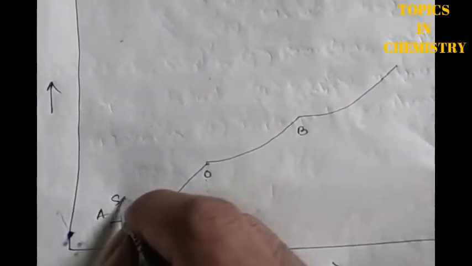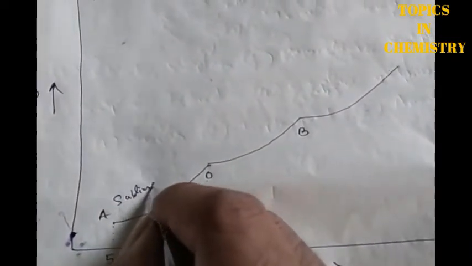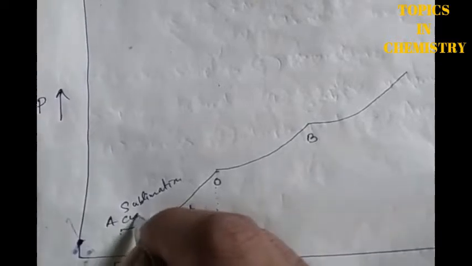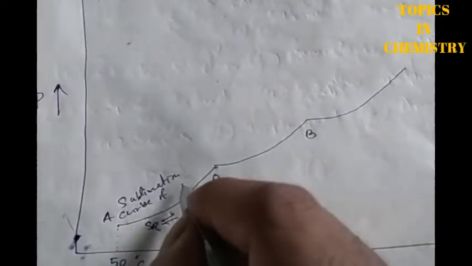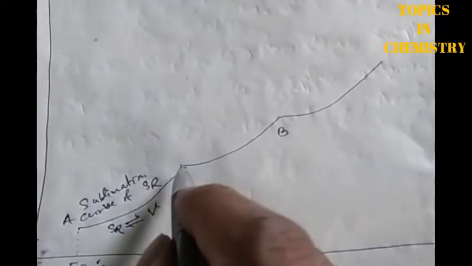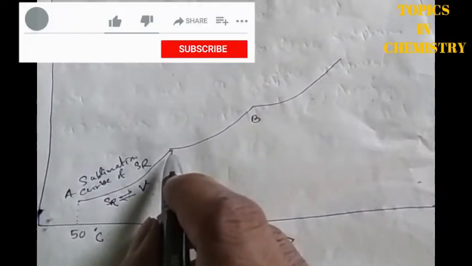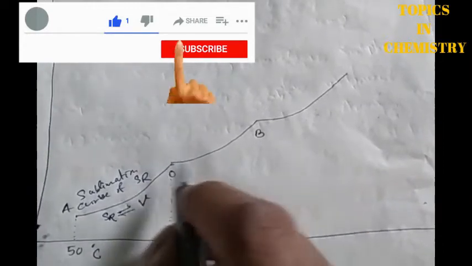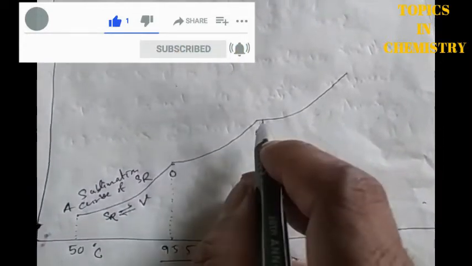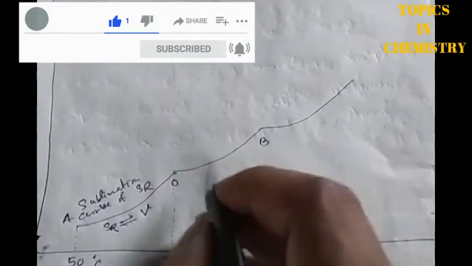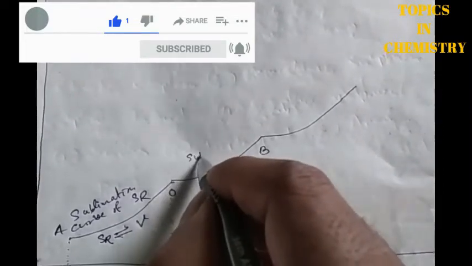You can write, this is the sublimation curve of SR, rhombic sulphur. Now you can see it converts to monoclinic sulphur. So if it converts to monoclinic sulphur, this is the sublimation curve of monoclinic sulphur.